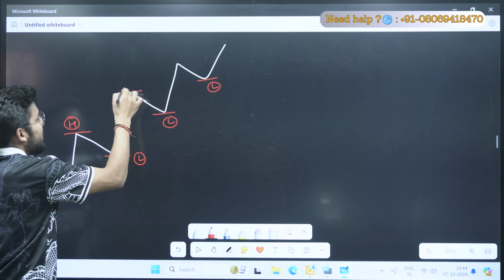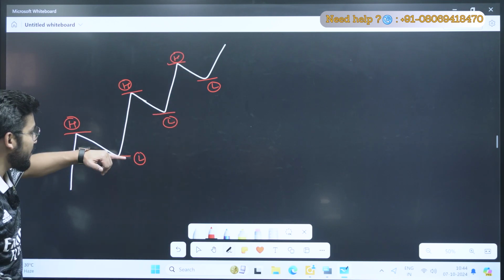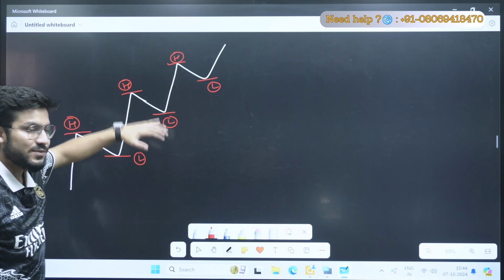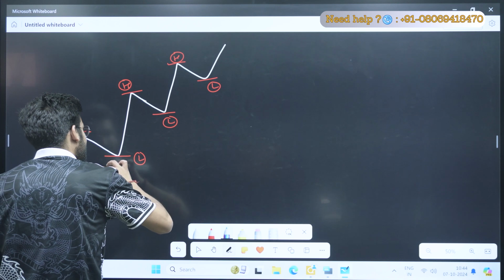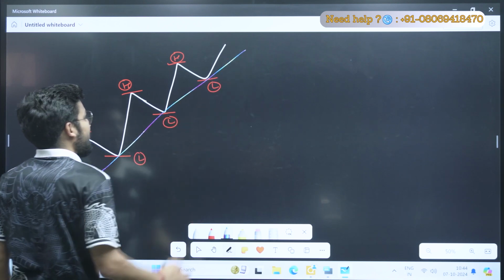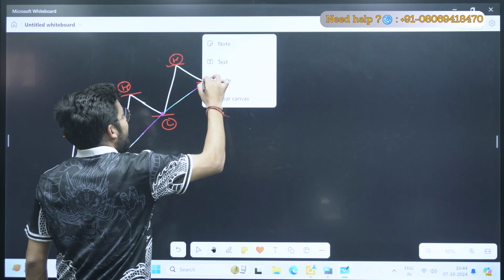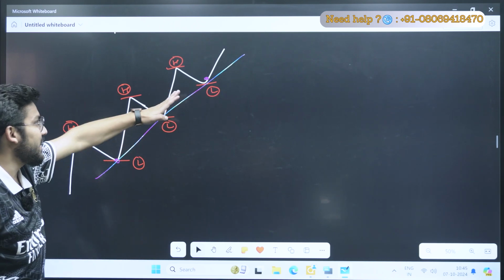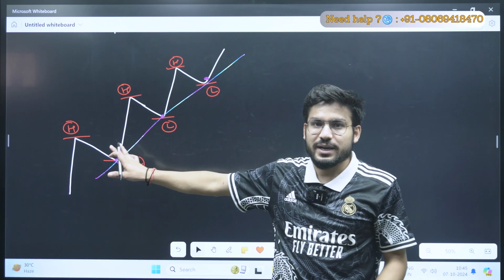And every time there is a new high, and you can see your previous low is not breaking, so that is why it is an uptrend. And if the lows are on the same line, then this line is known as your uptrend line. When all of your swing lows fall on the same line, it means this is your uptrend line, right?